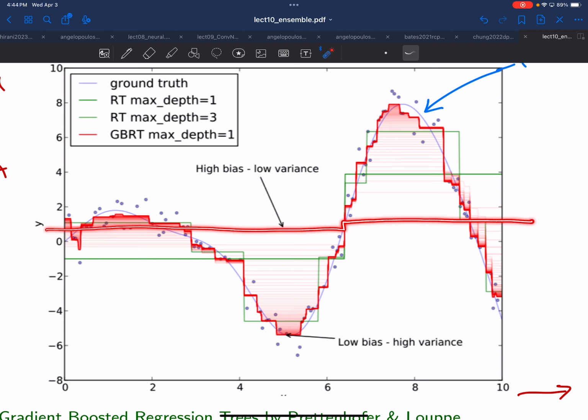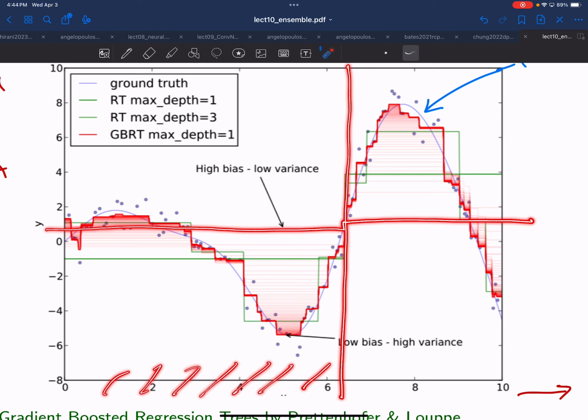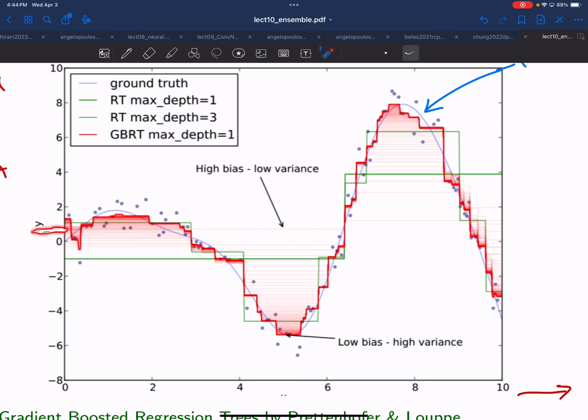Basically it splits the data, which is just feature data X, here. So now for X less than this, it assigns one value, and for X to the right of this, it assigns a different output. So we have two different output values. That's what the first decision stump does. That was the best thing to do.